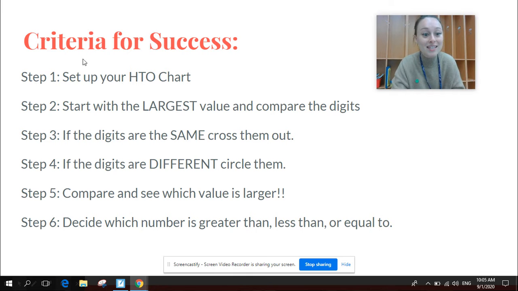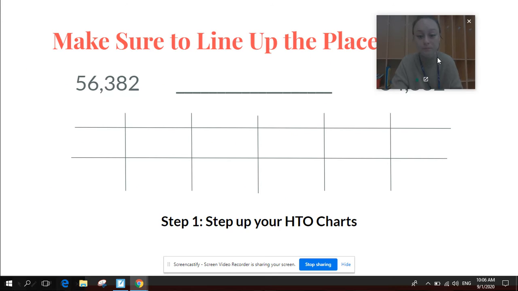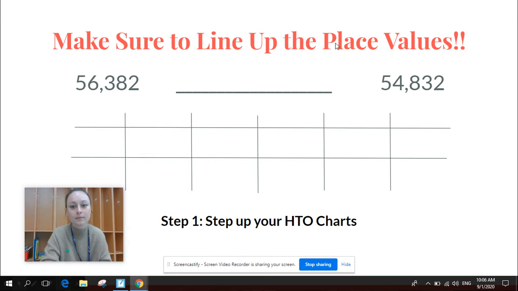So that's kind of like this criteria for success. If we can follow each step, all 6 steps, 1, 2, 3, 4, 5, 6, by the end, we are going to be able to know how to solve correctly for every comparing. Let me show you.